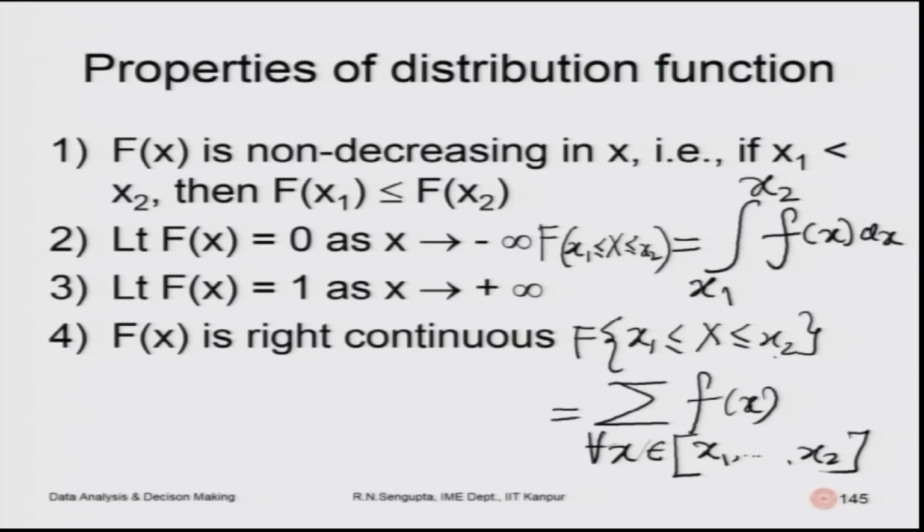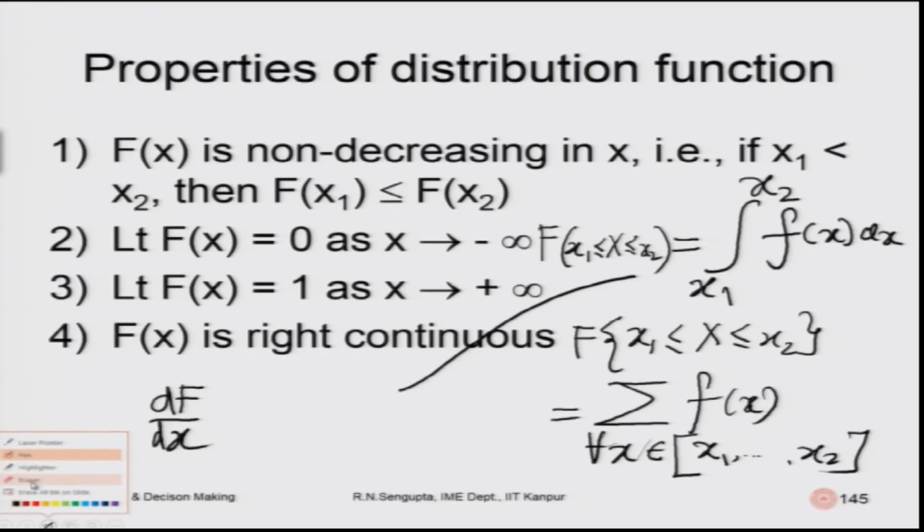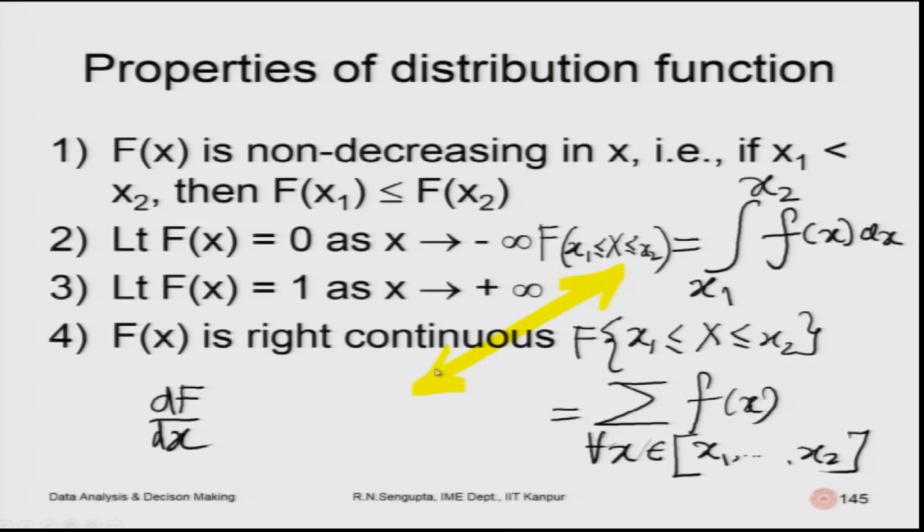Now, when I go the reverse way, obviously it would mean dF by dx for the case when it is continuous. So, obviously this would be true for the continuous case.